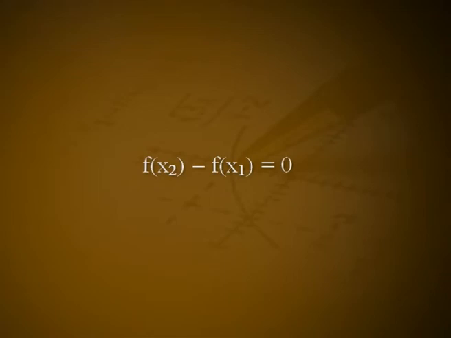Given that f'(x) = 0 for all x in the open interval (a, b), therefore f(x2) - f(x1) = 0. Thus, it follows that f(x1) = f(x2) for any two x1 and x2 in the closed interval [a, b]. Hence, f is a constant function.